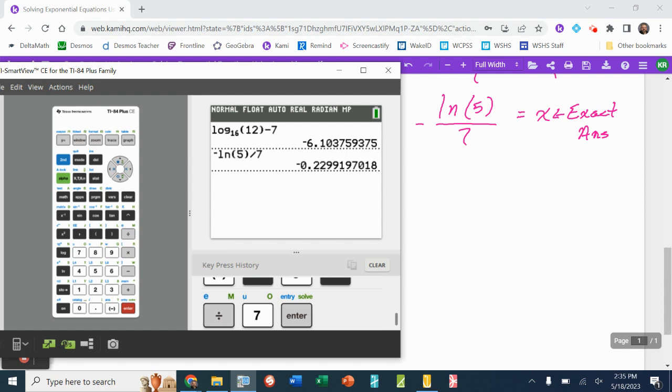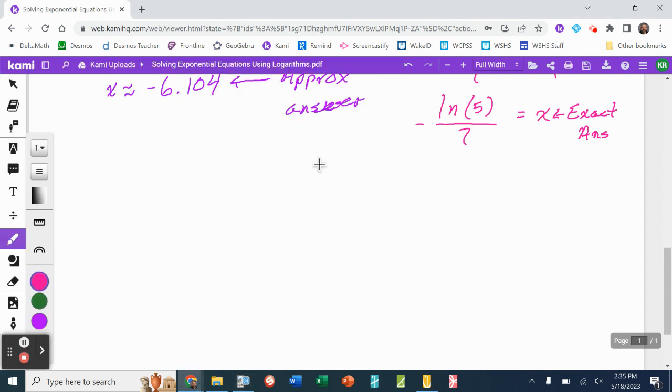0.2299. Now, if I'm asked to round this to 3 decimal places, we have to realize that this fourth digit or fourth decimal place is going to round that third decimal place up to basically a 10 or a 0, and we have to bring that 1 forward. So what I would end up with here is that x is approximately equal to negative 0.230.